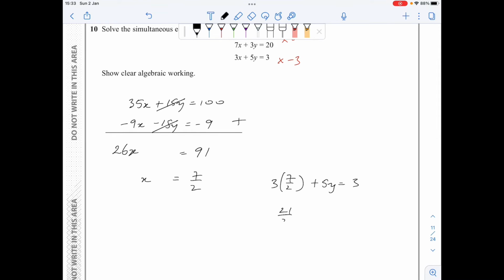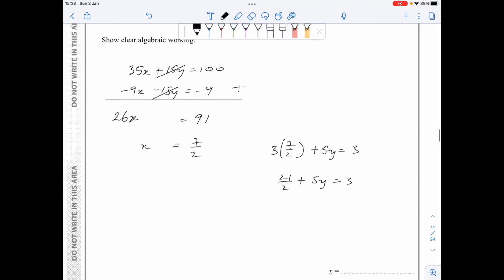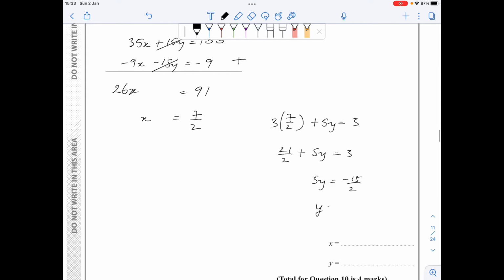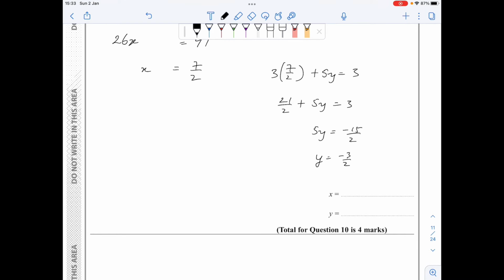So 21 over 2 plus 5y is equal to 3. 5y will be equal to minus 15 over 2. So y is minus 3 over 2. So my solutions are x is 7 over 2 or 3.5, and my y is minus 3 over 2 or minus 1.5.